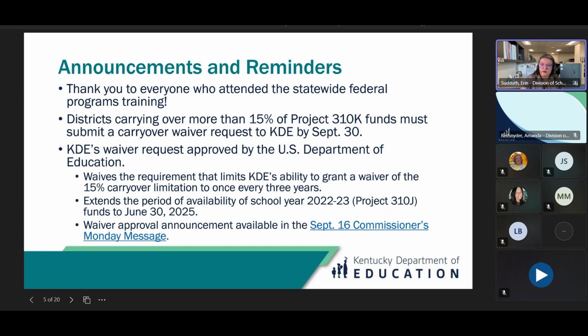It does not waive the requirement for the district to actually submit that waiver request to KDE and get approval for that. So just make sure that if you're going to be carrying over more than 15% of your total 310K allocation, that's your regular funds, parent and family engagement, private school, the whole thing, you need to submit that carryover waiver request.